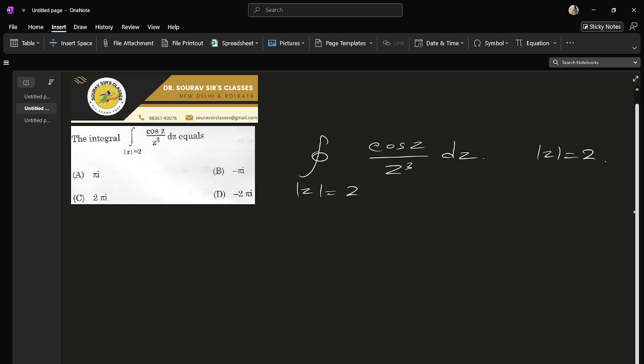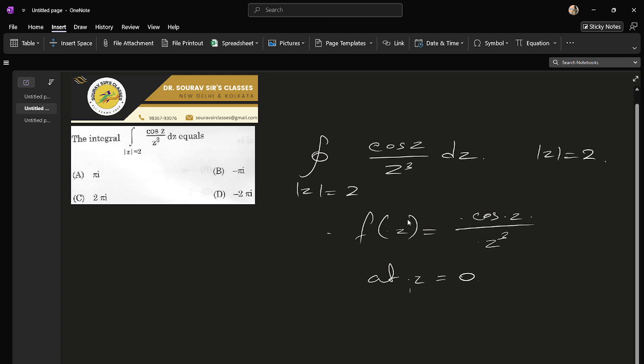Now we are going to identify the singularities. The function inside the integral is f of z equals cos z by z cube, and we can easily see that the singularity occurs at z equals 0, which is a pole of order 3, since the denominator is z cube.